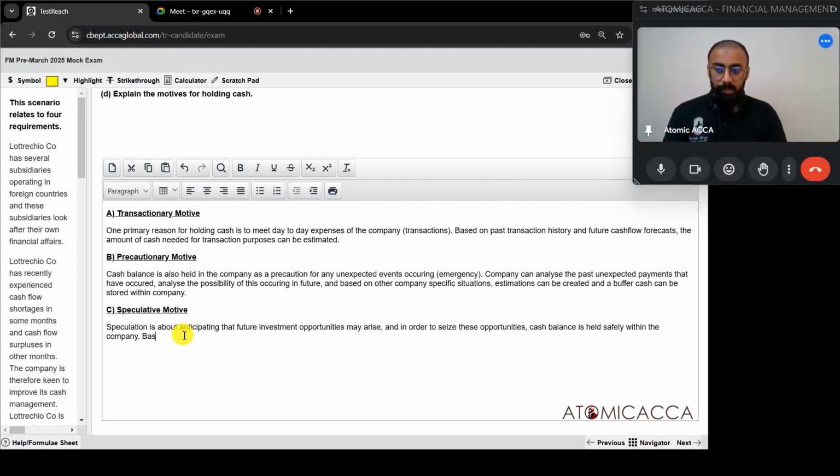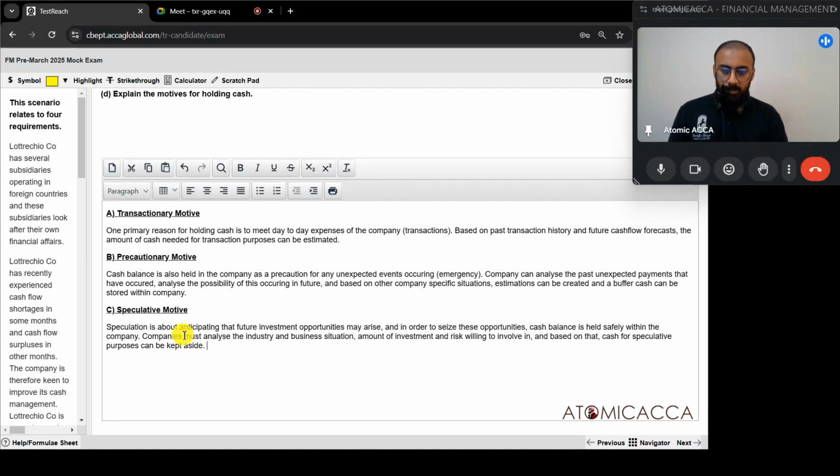So, companies must analyze the industry and business situation, amount of investment and risk willing to involve in, and based on that, cash for speculative purposes can be kept aside.